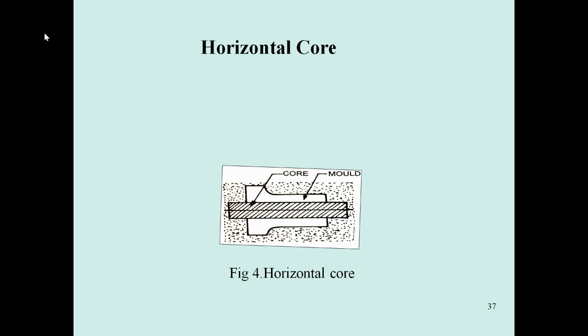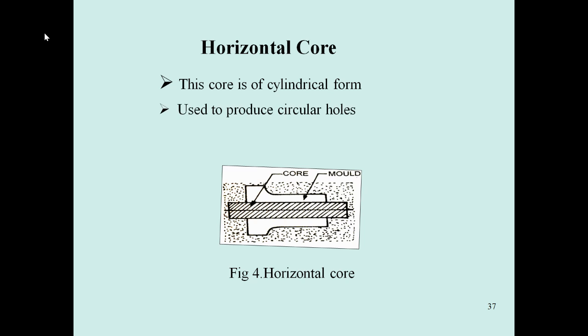First one is the horizontal core. You can see the diagram of a horizontal core here. Observe the figure where the core will be held. This core is of cylindrical form. It is used to produce circular holes.